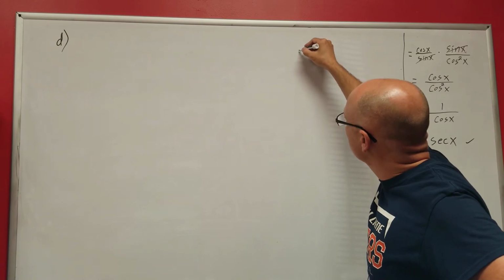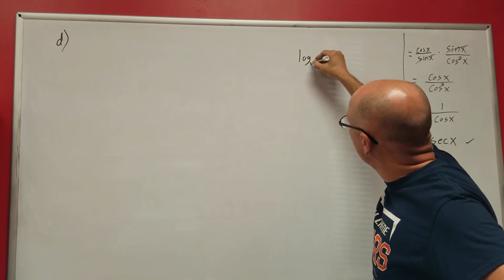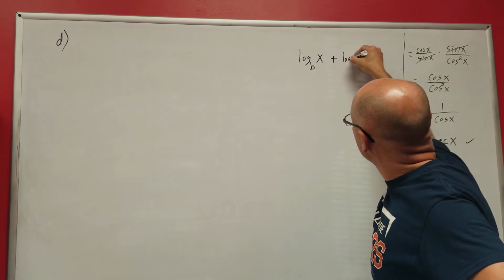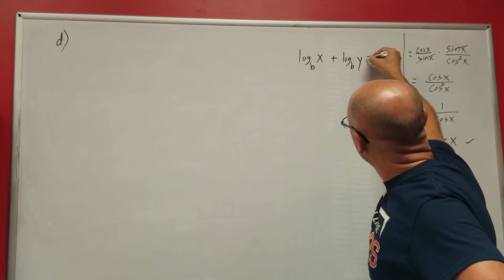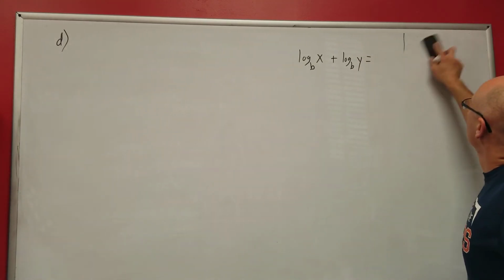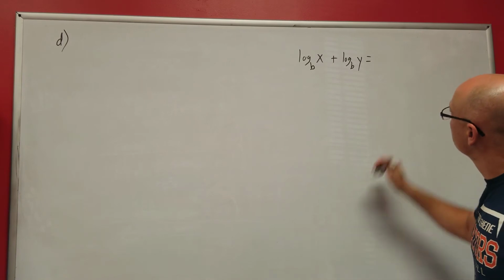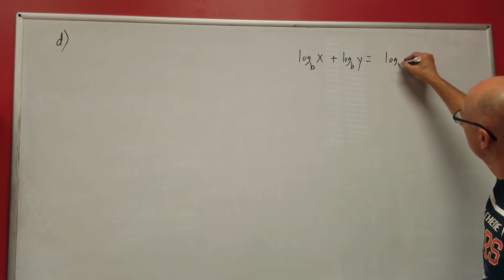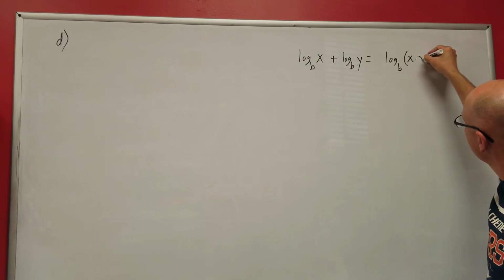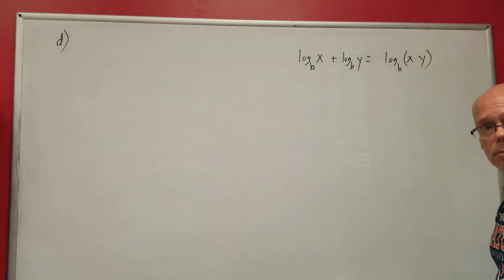Didn't we have a property that said if I have the log base b of x plus the log base b of y, I could do a rewrite in that case. I could say that that is equal to the log base b of this argument times that argument, x times y, right?